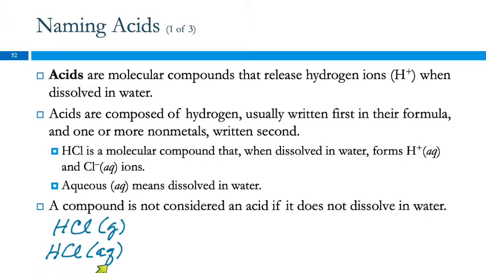HCl dissolved in water is an acid and is named as an acid. I'm going to ignore that in this class. It's there, but it's easy enough to figure out later when you need it. If you see something that starts with H, name it as an acid, okay?